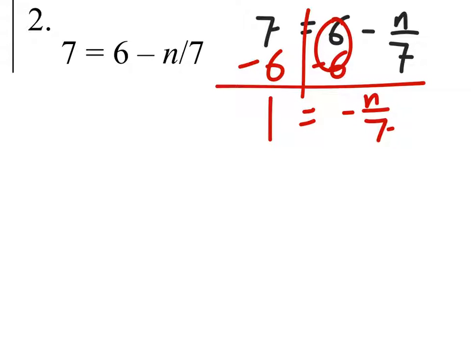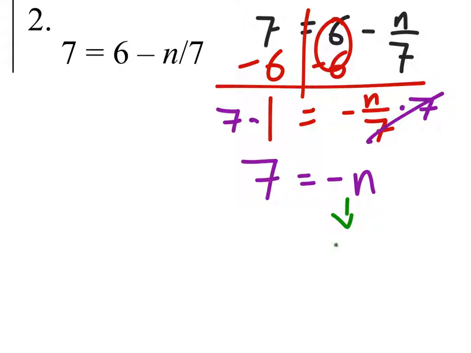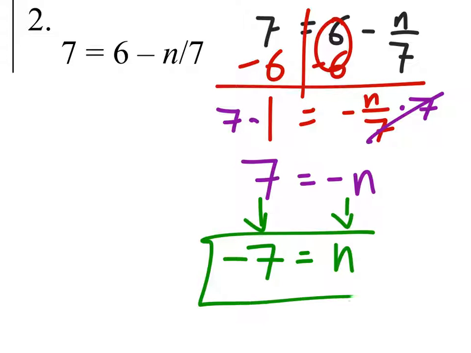That's n divided by 7. So to undo the division, we'll multiply both sides by 7. See, these 7's cancel out. And I'm left with negative n equals 7 times 1, which is 7. Well, I don't want a negative n, I want a positive n. So let's just take the opposites of both of these. The opposite of negative n is n, and the opposite of 7 is negative 7. Bam, there it is.